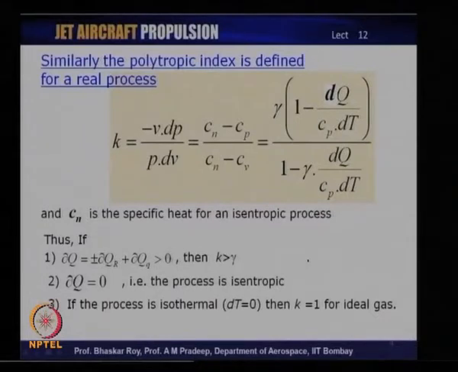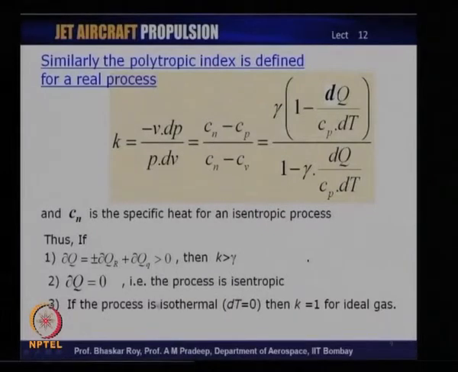Thus, we say that if delta q is equal to plus or minus delta q r plus delta q q, and if that is greater than 0, that means the net heat going into the system is greater than 0, then the polytropic index k would be greater than gamma. If delta q is 0, then it is an isentropic process and k would be equal to gamma.